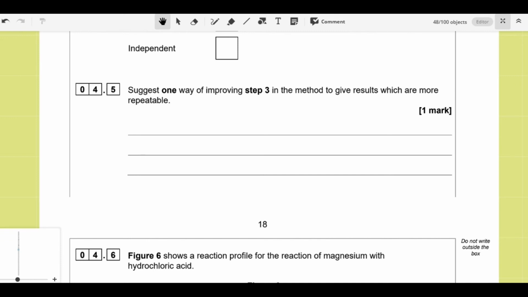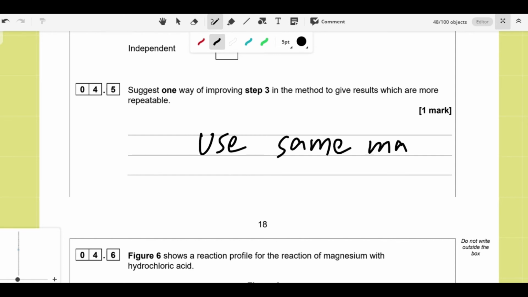You have to write: use the same mass of metal powder.